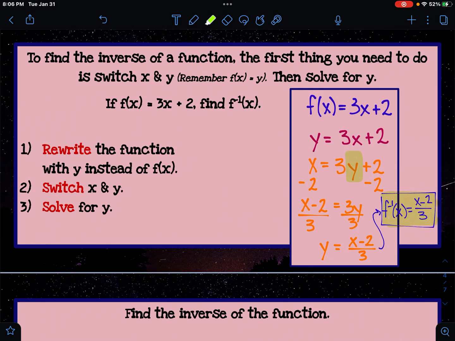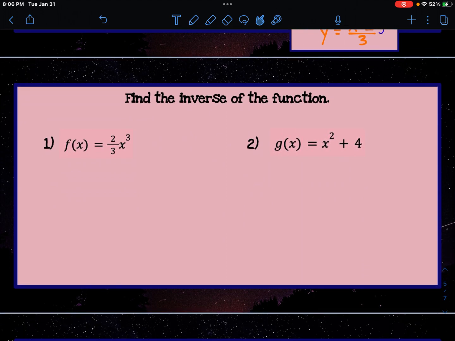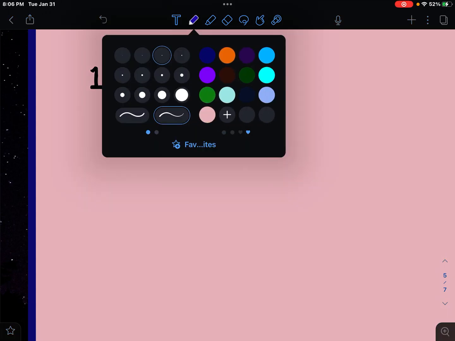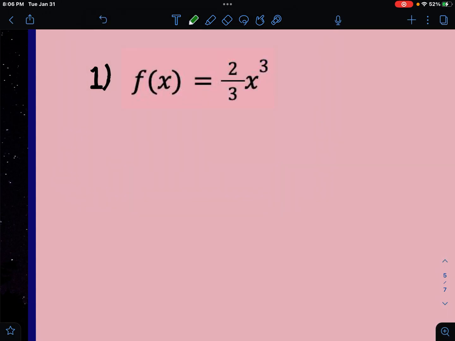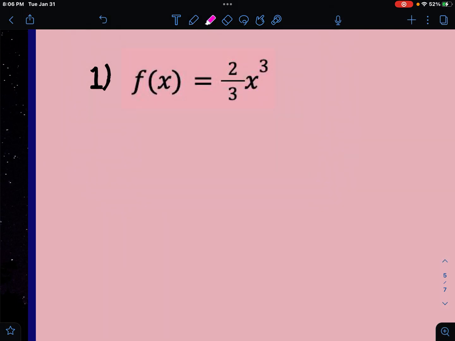So we're going to rewrite the function with y instead of f of x, switch x and y, and solve for y. So let's look at this one. The first step that we need to take is to replace f of x with y.